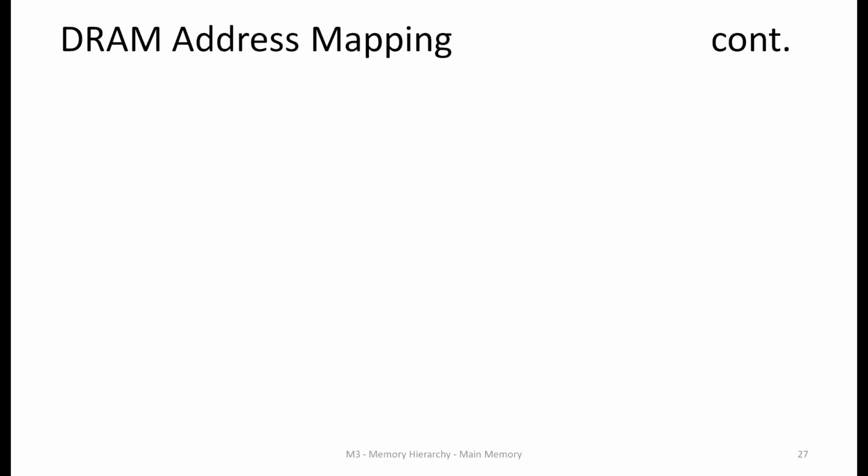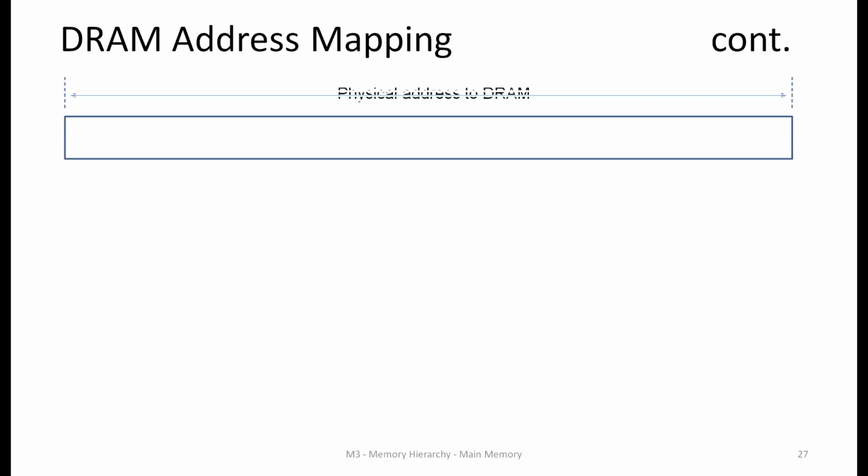Let's look at a couple of examples. Let's assume that this is the physical address that has come to the memory controller. The column offset, which is always 6 bits because the standard column size is 64 bytes, will be removed from the LSB.